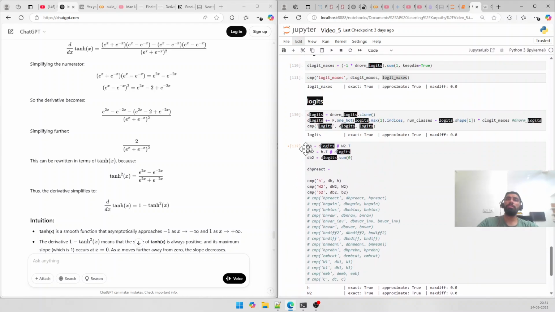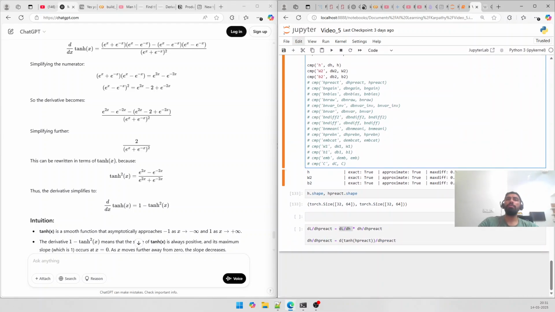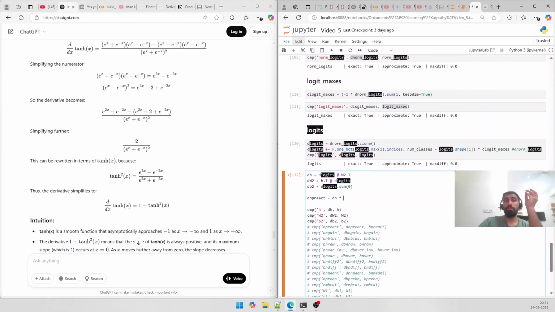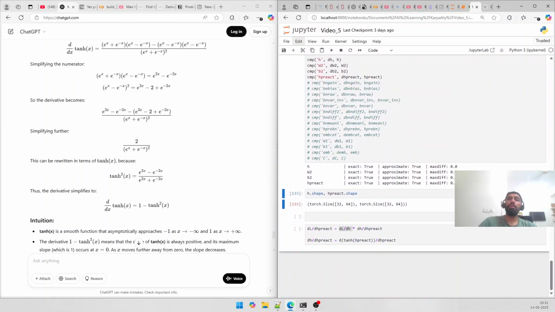DL by DH, that is DH into 1 minus H square. Worked.